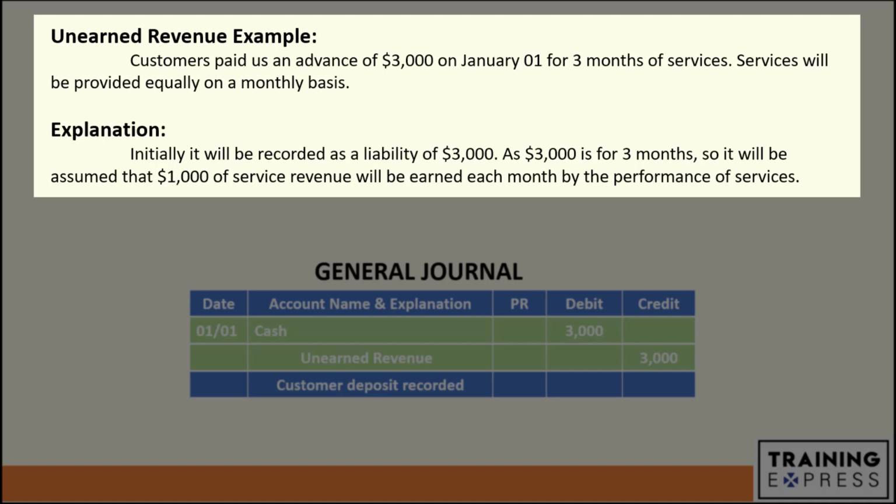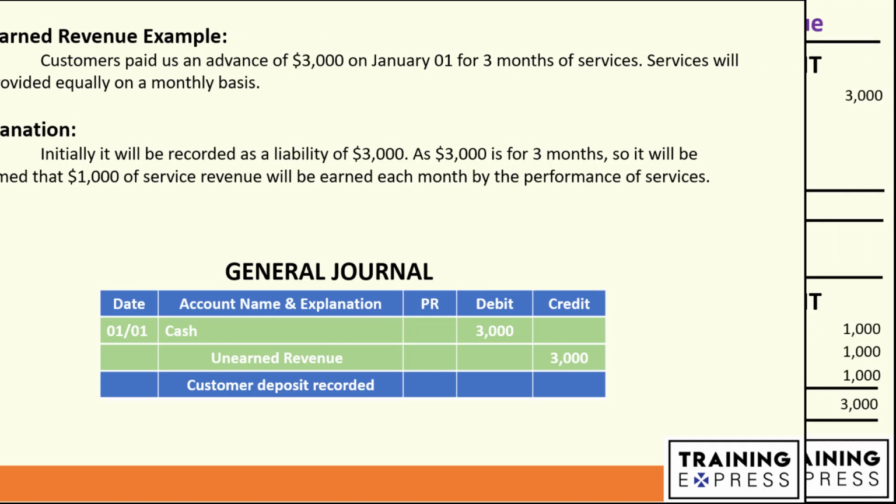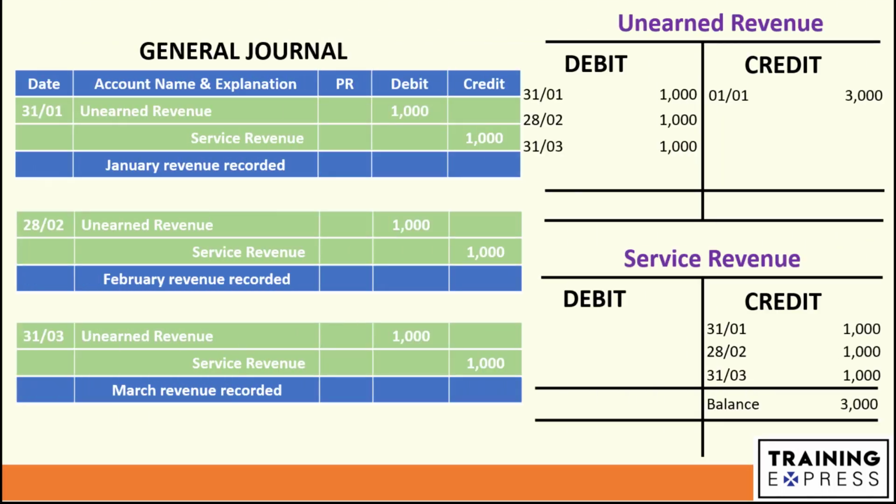As $3,000 is for 3 months, it will be assumed that $1,000 of service revenue will be earned each month by the performance of services. Let's look at the journal entry here. Cash will be debited by $3,000 and unearned revenue will be credited by $3,000.